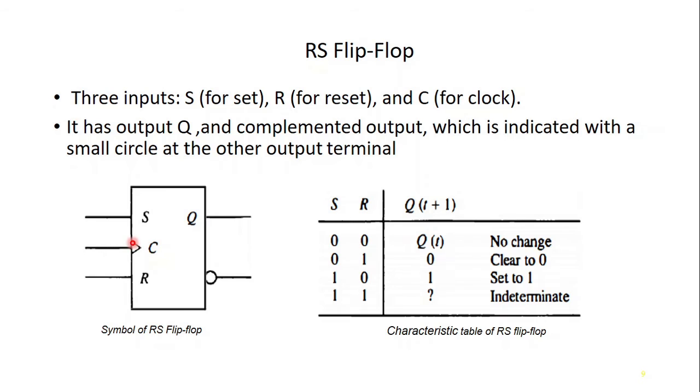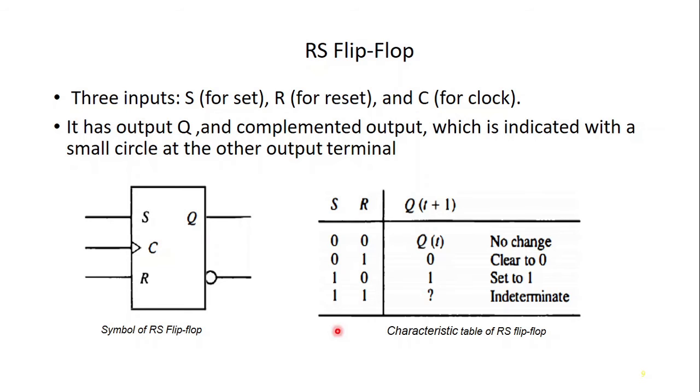Here is an arrowhead which tells that the flip-flop will change its states only at the positive edge trigger. That means only at the transition from a 0 to 1 state of the clock pulse. The output Q and Q bar, this is the complement of this output.